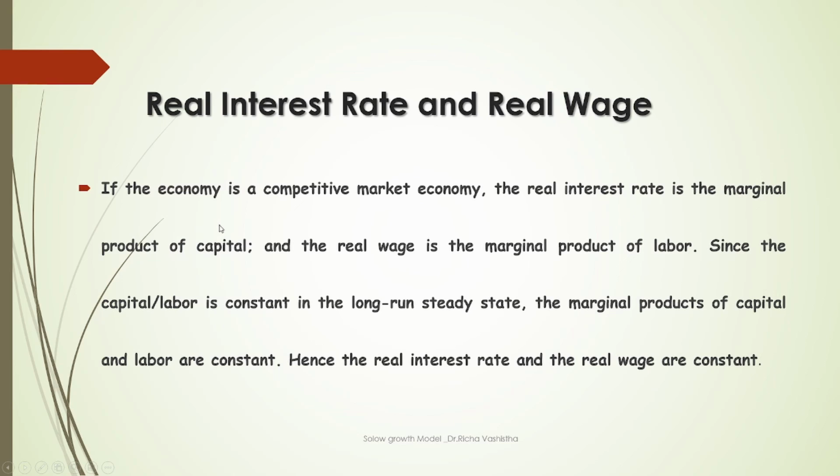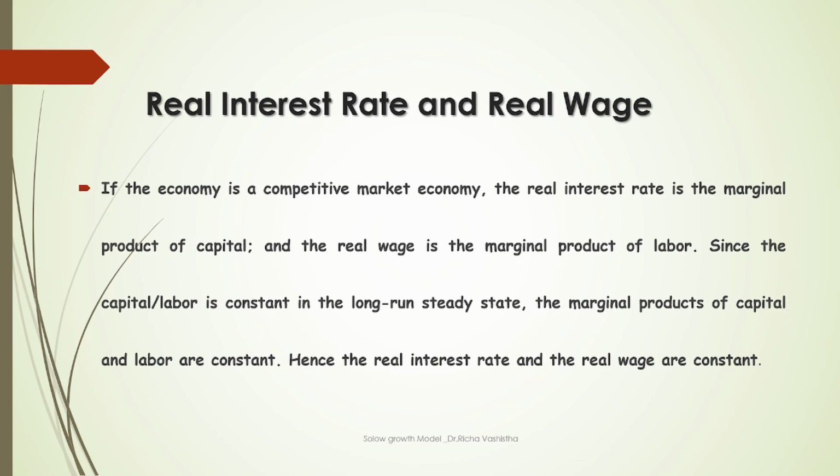What happens in terms of the real interest rate and real wage? Now if the economy is a competitive market economy, what is the real interest rate? It is the marginal product of capital. And similarly, what is the real wage? It is the marginal product of labor, as we have already seen that both are determined by their productivity and contribution to the economy.